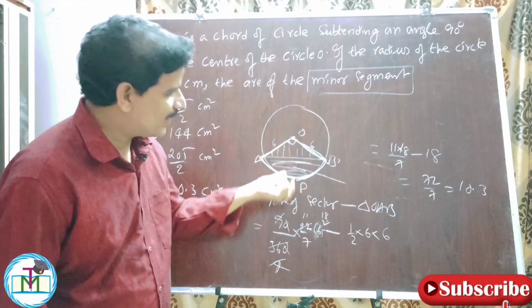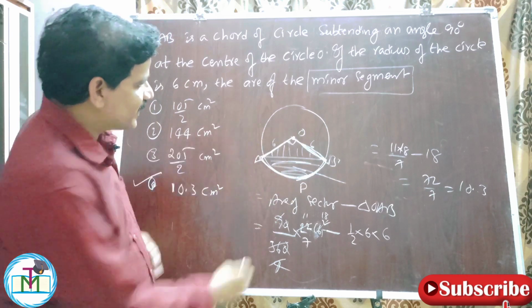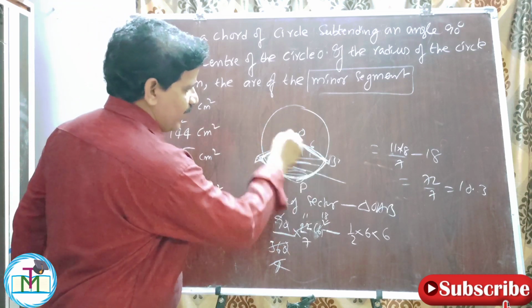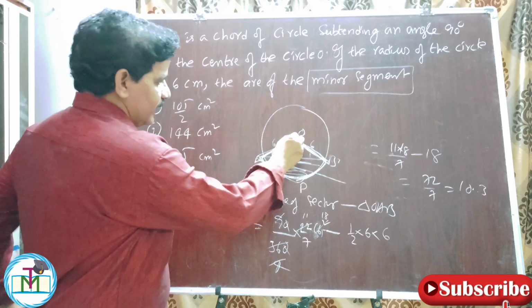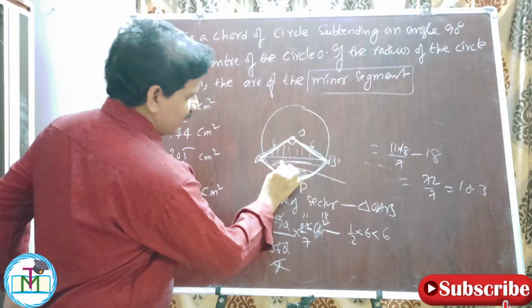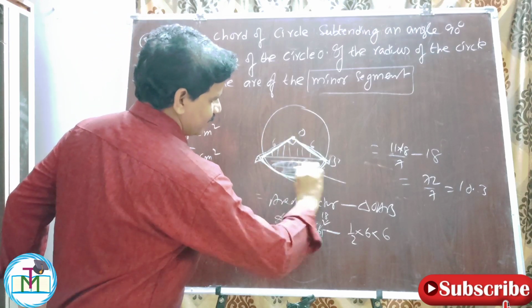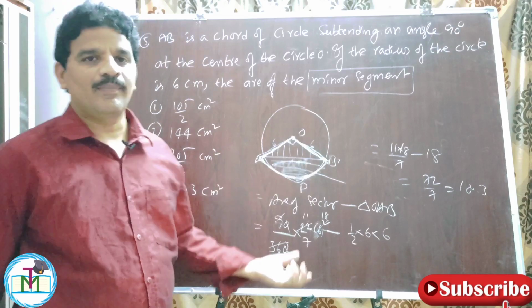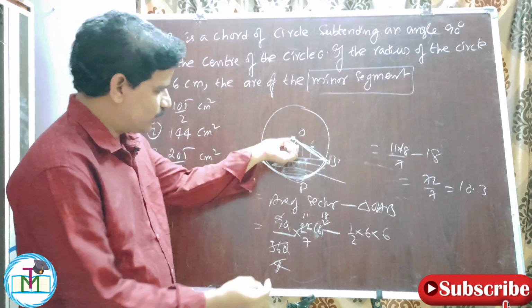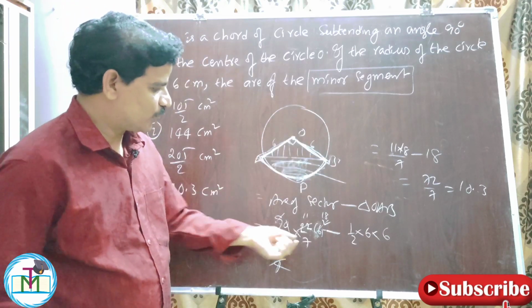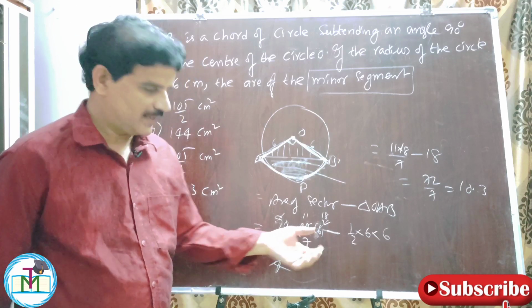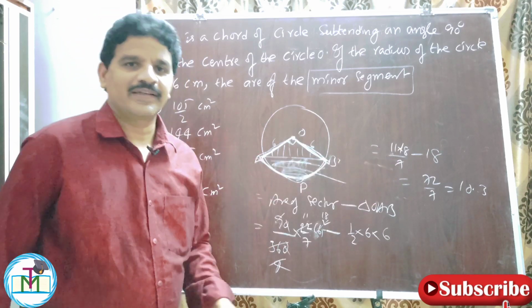Area of the minor segment is given by area of the sector OAPB minus area of the triangle OAB, so that I will get the shaded region, this part APB. So carefully we have to substitute what is x, the pi value 22 by 7, and the radius, and simplify this, you will get the right answer.